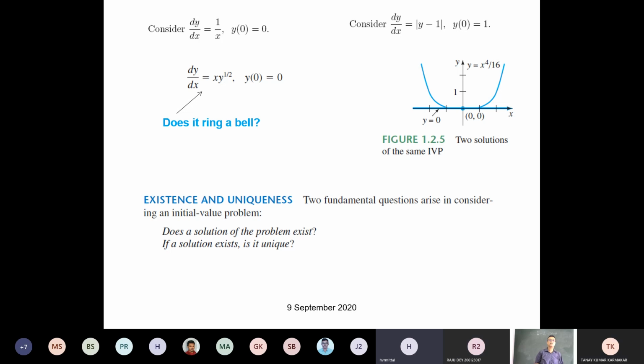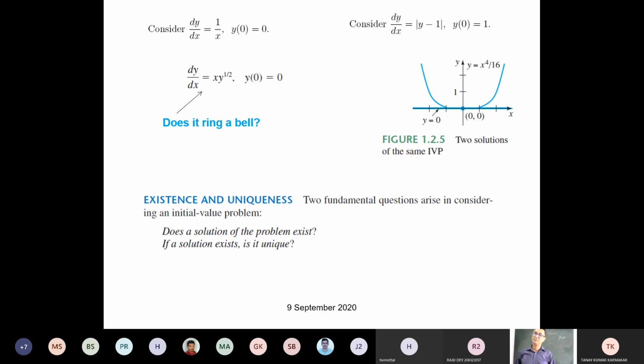But here you will see that even if you try to seek a constant solution, that is also going to fail because you are going to get 1 by x equal to 0. That is going to lead you nowhere. So basically, this example tells you that it has no solution.